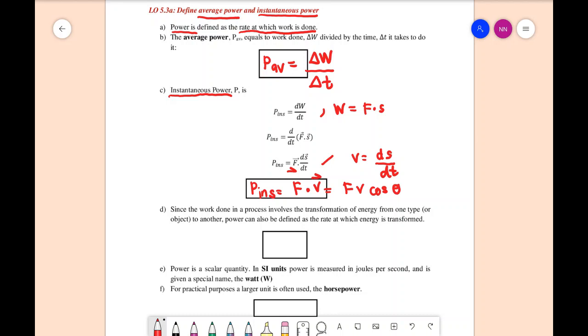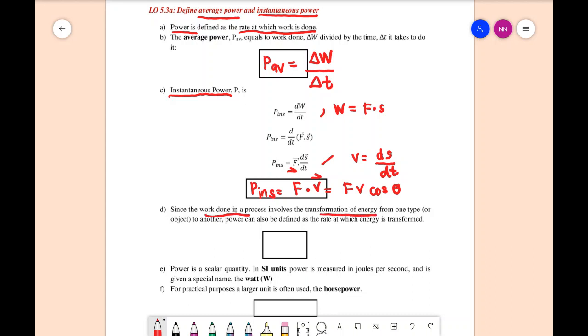Since the work done in a process involves the transformation of energy from one type or object to another, power can also be defined as the rate at which energy is transformed. Work done is the transformation of energy.